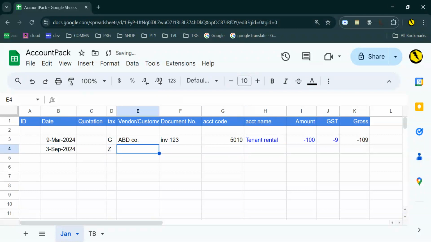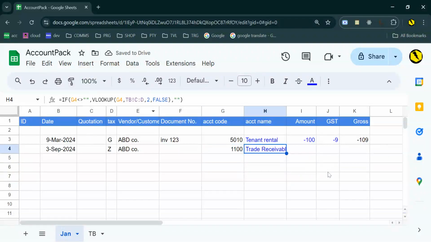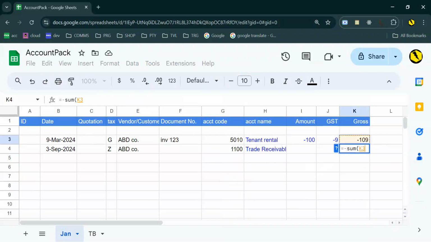So you will have a trade debtors account, or a trade receivable account for this. There's no GST for this. Why did my formula bounce off?